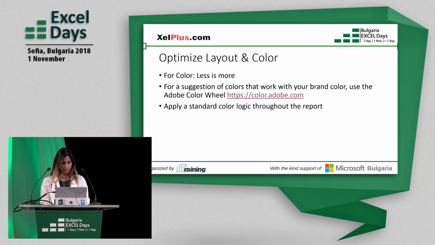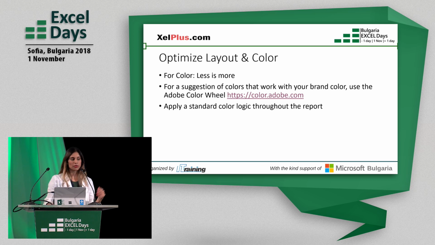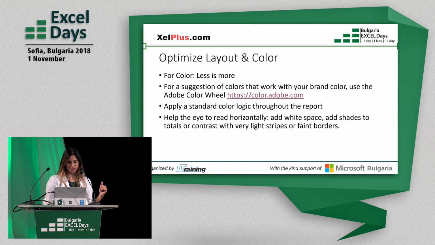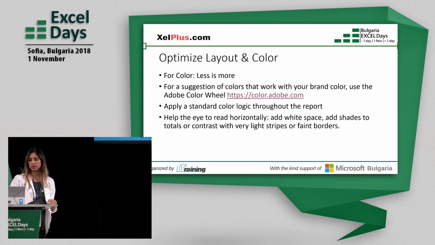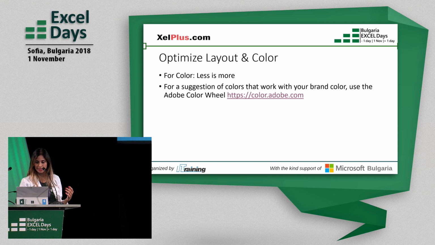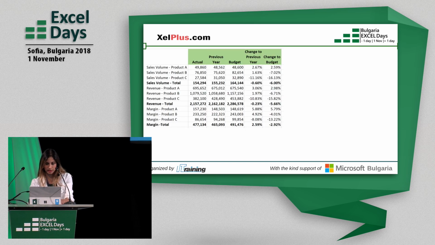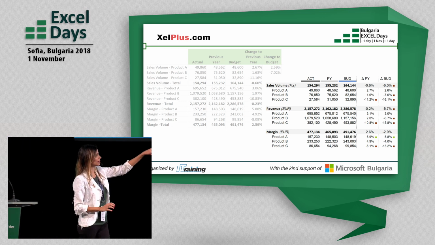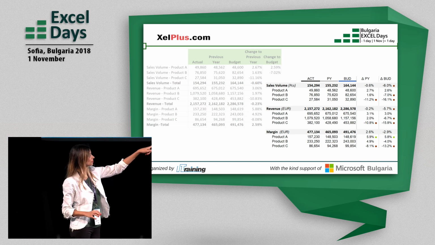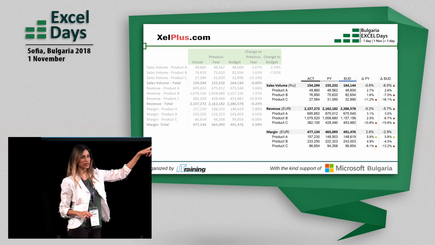Now, the other thing is, what I also tend to do, or what I tried in my last organization to do, is to use a standard color logic throughout the report. Like you saw here, what I did is to use this dark for the actual, another color for previous year and budget.